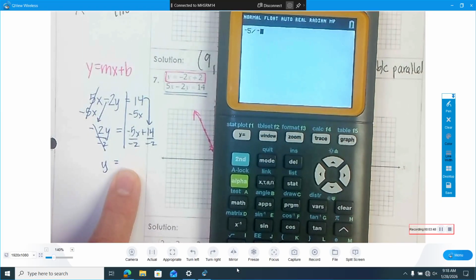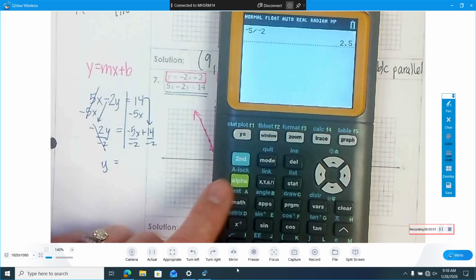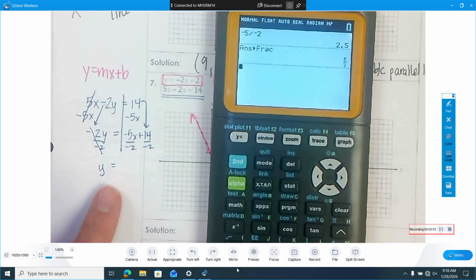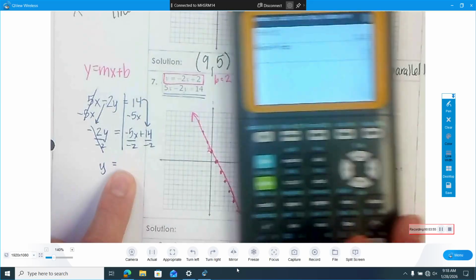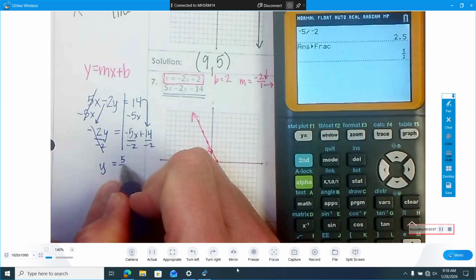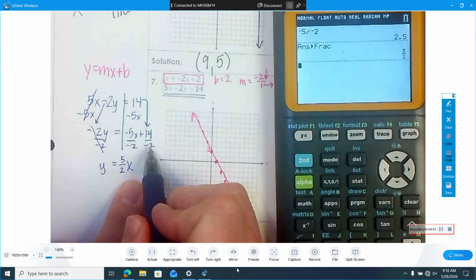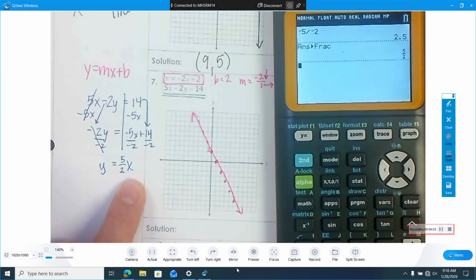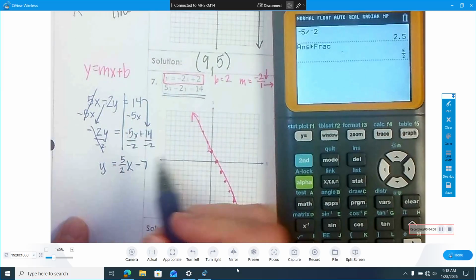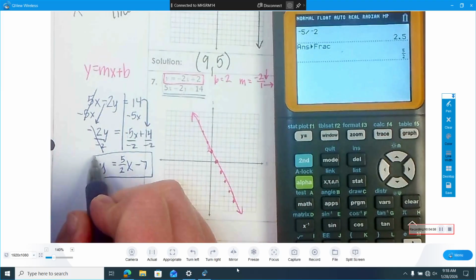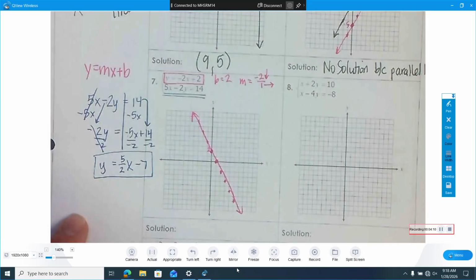Negative 5 divided by negative 2 is a crazy weird decimal, so we're going to keep it as a fraction. And we get, hey, positive 5 over 2. How about that? So positive 5 over 2. Don't forget your x. And what's 14 divided by negative 2? Negative 7. Very good. Now, this is in slope-intercept form, and I can graph it.